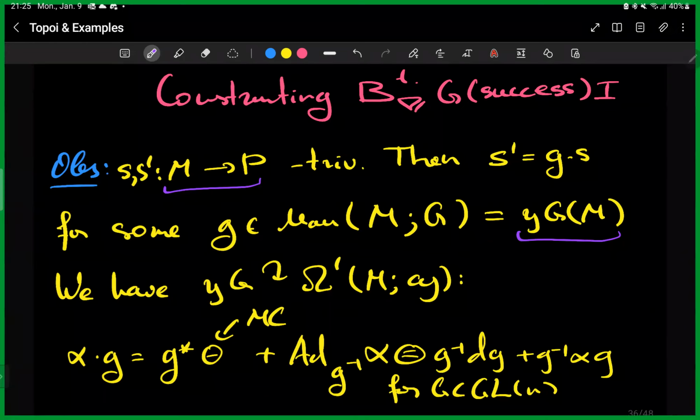But recalling our previous discussion about actions of groups on sheaves, we see that actually this is not so stupid a fact, because it means that our group actually acts on these one-forms valued in g. And we can even explicitly write down this action. So the action of G on a one-form alpha is given by the following. We take the pullback of the Maurer-Cartan form g*θ, and we obtain the adjoint action g^{-1}αg.